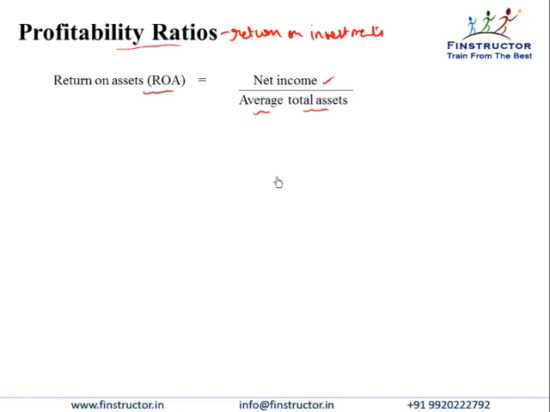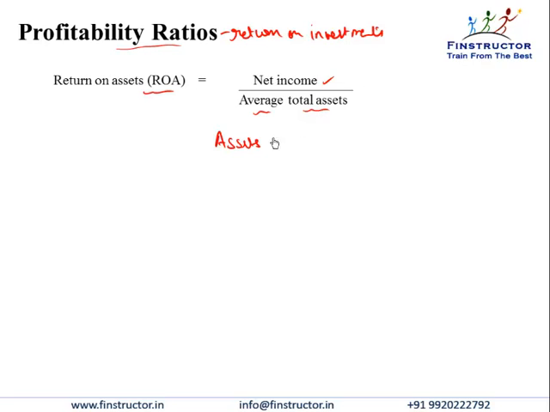Now looking at ROA in this fashion can be a little misleading, as two assets which are exactly the same may be generating different net income, not because the asset is any different, but just because of the way the asset has been funded. That is, if interest cost is very high in one case, then the net income can be misleading. So net income is for equity holders and it should not be compared to the total asset.